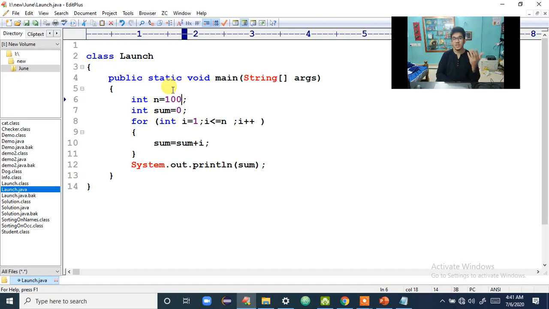It is not efficient. Our beautiful mathematicians have developed one direct formula for this. If you want to find the sum of first n numbers, don't write a program including a for loop, it will take a lot of time. There is a direct formula. What's the direct formula? The direct formula is something like this. Watch here.